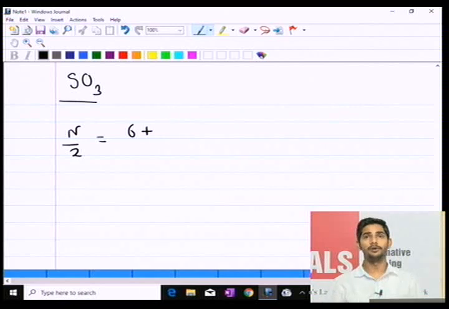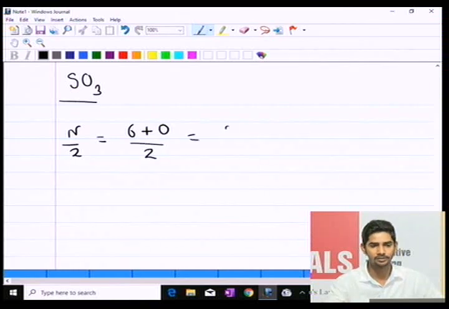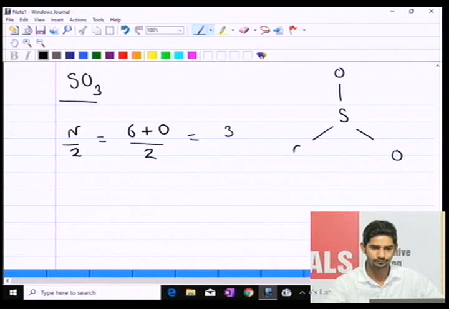You have to remember that if oxygen is the surrounding atom, then you won't add it. You will use oxygen only in case where it is used as a central atom. Else, you will never use it. So, I'll put 0 over here by 2. So, answer will be 3. Okay? So, for the 3, the arrangement of bonds like this, and you can put oxygens here. And this is your planar.